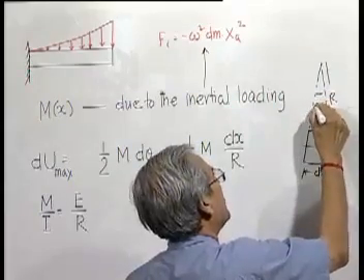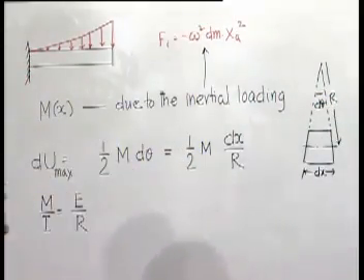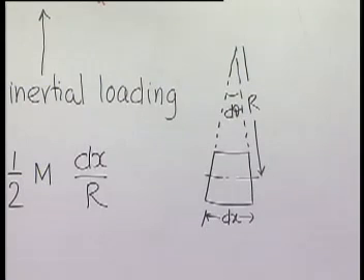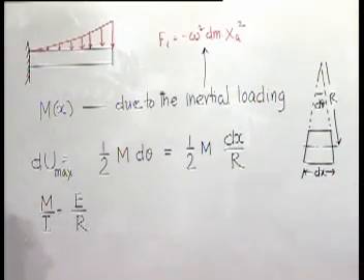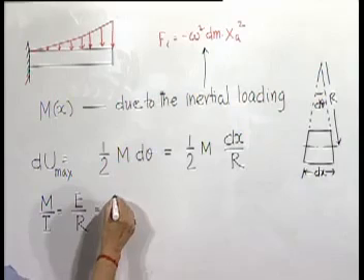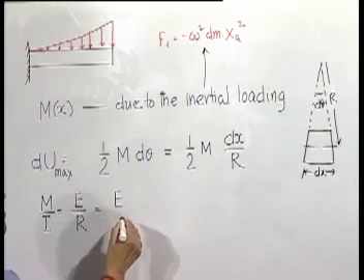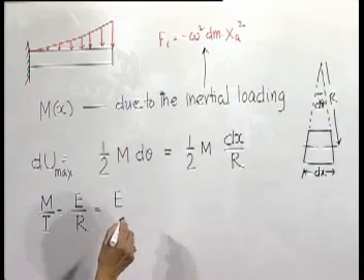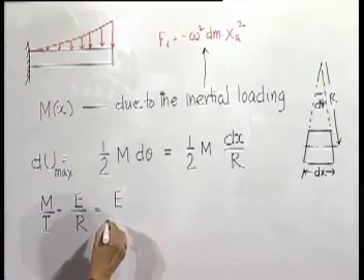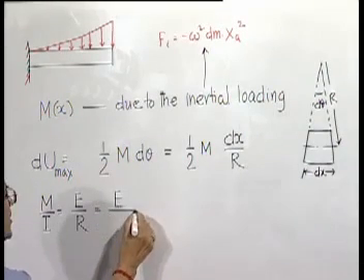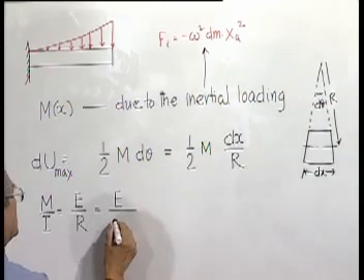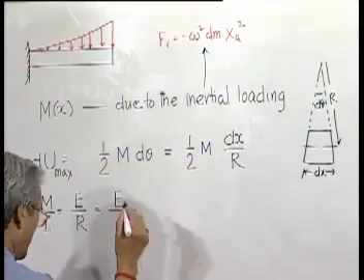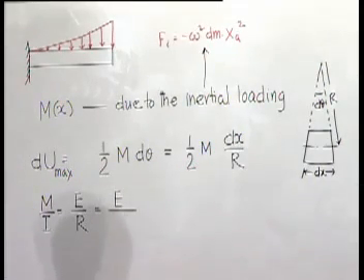Then we have seen just now, a little while ago, that R can be replaced: R d theta is dx, so R is equal to dx by d theta. We will come to that later when we replace.